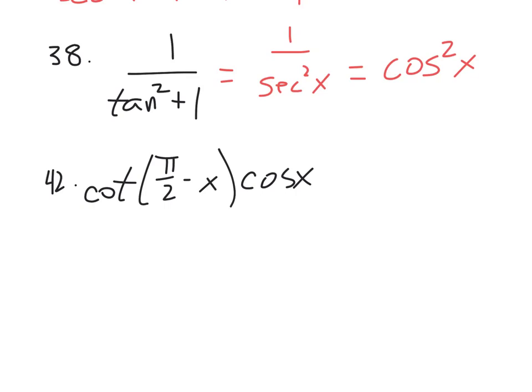Cotangent of pi over 2 minus u is the same as tangent. So then this is really tangent of x times cosine of x. And maybe at first glance that doesn't look like it simplifies anymore, but remember tangent is the same as sine over cosine.